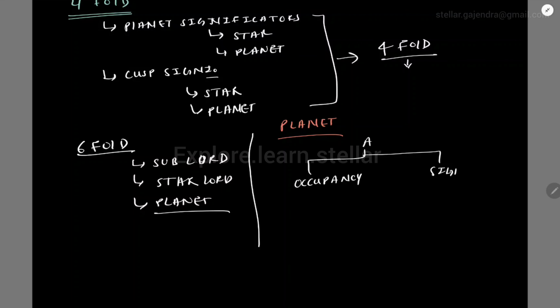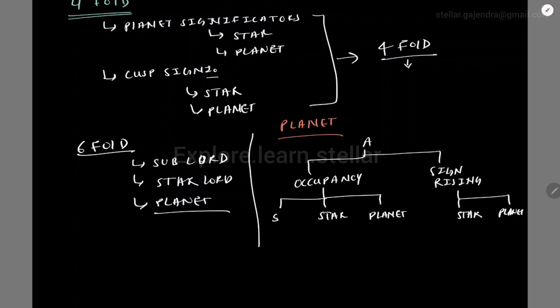For the cusp significator and planet significator, we find the significator based on the star and planet. In sixfold, they find the significator based on the sublord as well, and they put the sublord as the strongest significator of that particular house.